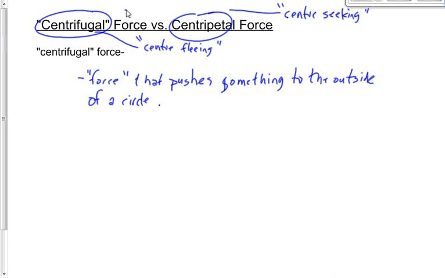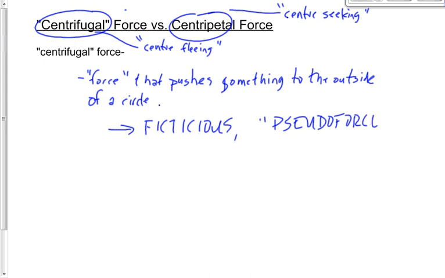You guys have all felt that before, right? That centrifugal force that pushes you to the outside. I'm telling you, it doesn't exist. There is no such thing as a centrifugal force. It is fictitious. It's what we call a pseudo force. It doesn't exist. Well, how do you feel it then if it doesn't really exist?